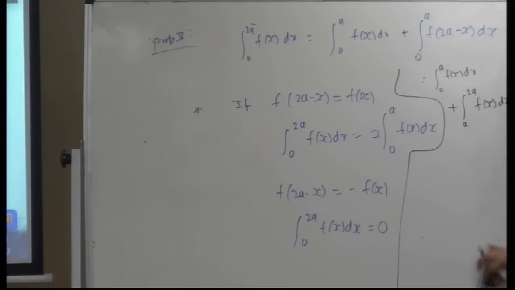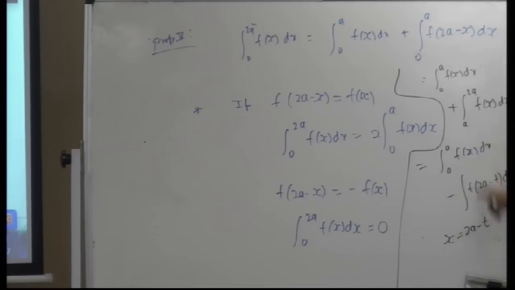And then we can write, this first one is as it is. Then we can write 0 to a f(x) dx. And let us substitute x as 2a minus t. So when we substitute x as 2a minus t, there will be change everywhere. So in limits also, dx would become minus dt.